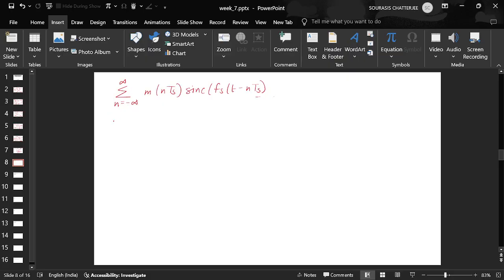So you can go one step further from here, sum from minus infinity to infinity, m(nTs) sinc(fs t minus n), since fs Ts results into 1.